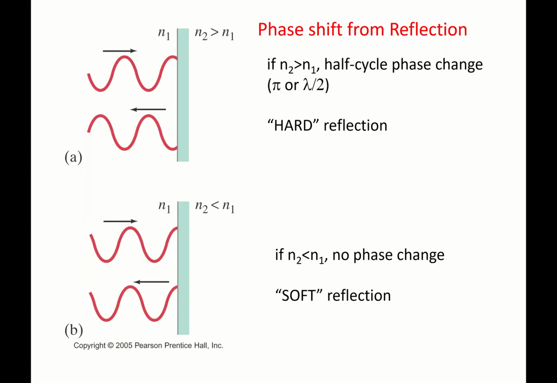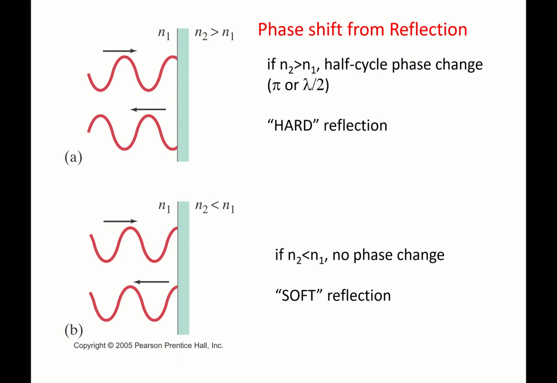All right, there's also something else going on other than the path length difference, and that's the fact that we also get a phase shift when a wave reflects from a surface. If you remember when we talked about ropes and other waves in Physics 1, when we talked about sounds, if it was a hard reflection, then the wave that came in and the wave that went out would be completely out of phase.